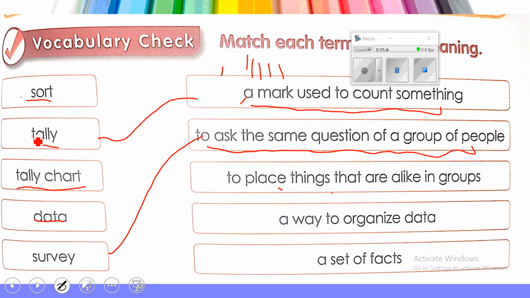Sort, tally, or data? Perfect. It's sorting. Now, a way to organize data. When I want to put data in a chart. Amazing. It's a tally chart. The last one, a set of facts. A set of facts. That means a set of information. Amazing. They are data. So a set of facts, they are data.